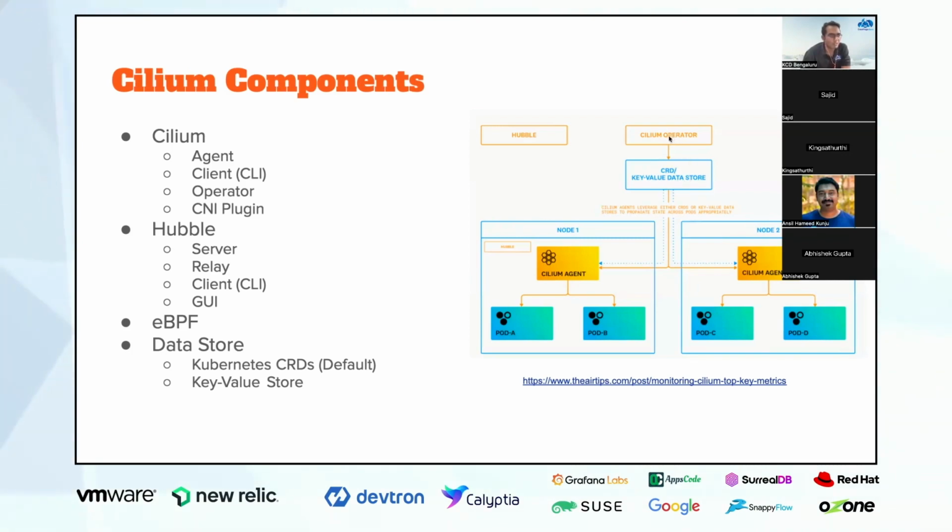That is how the Cilium operator can get visibility of all the agents, because we have centralized storage of the agents' configuration in the CRD or in the key value store. If you configure a key value store, you can use etcd, but you can also use the regular CRD objects, custom resource definitions of Kubernetes, and store them in the Kubernetes native etcd.